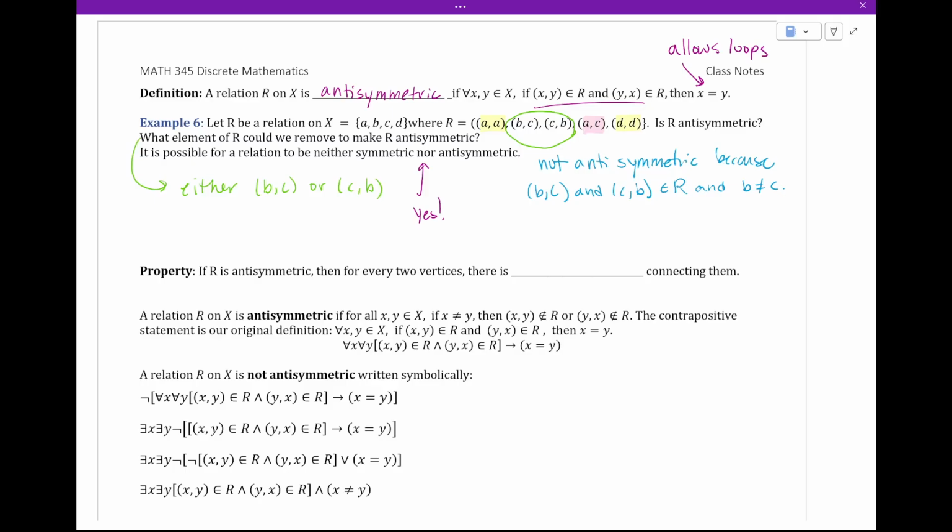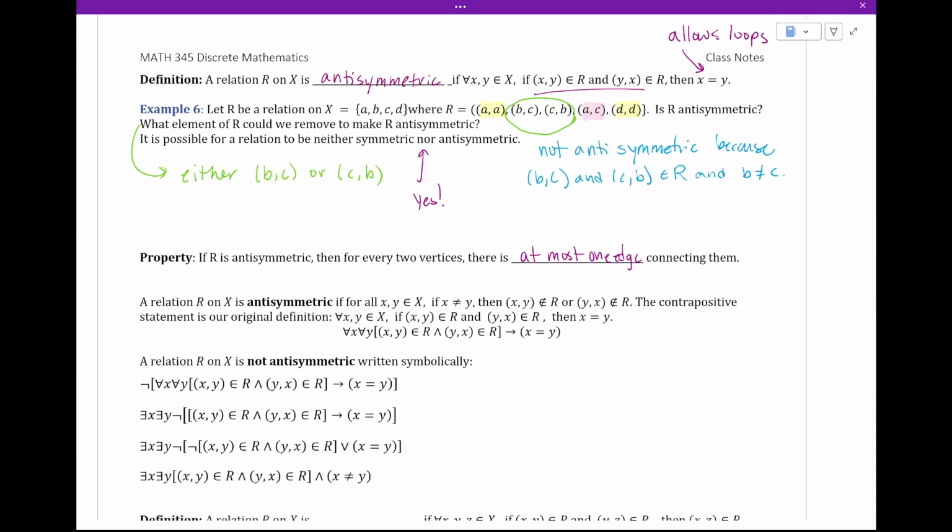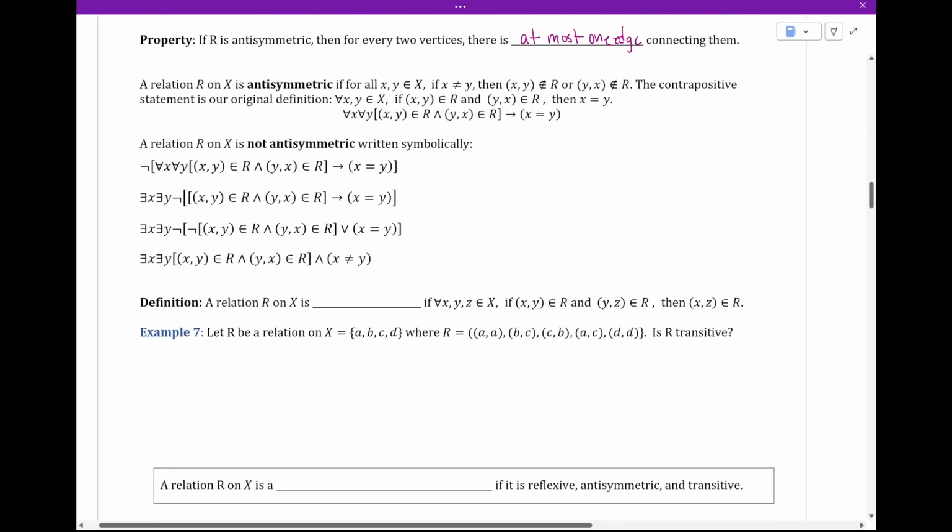Here's our next property. If R is antisymmetric, then for every two vertices, there is at most one edge connecting them. We see that in the graph. Okay, so here is a little bit of a more formal proof.